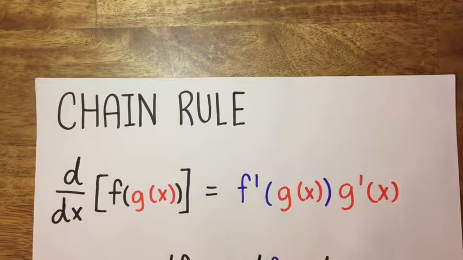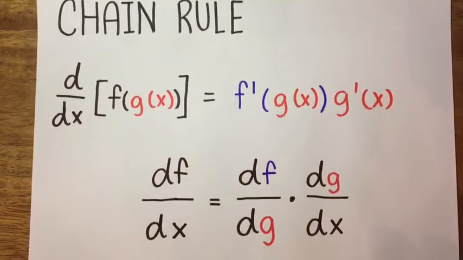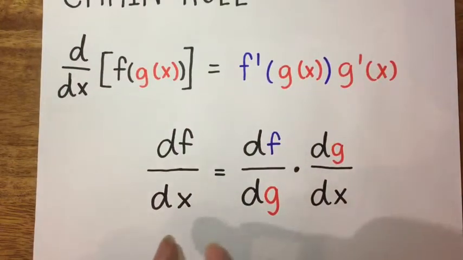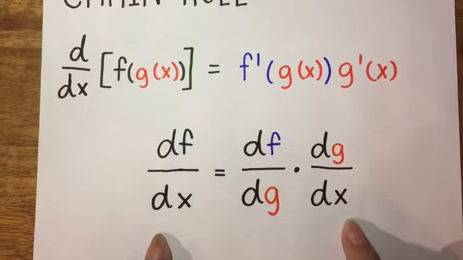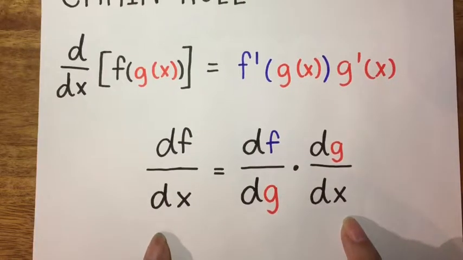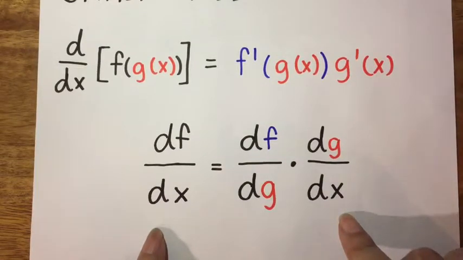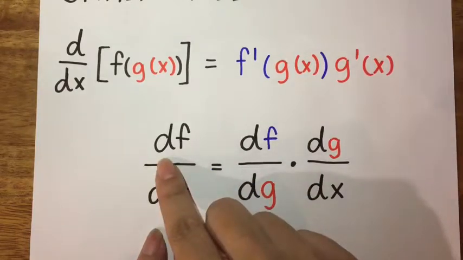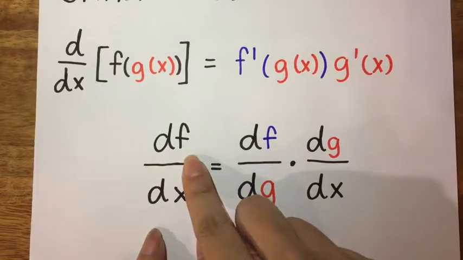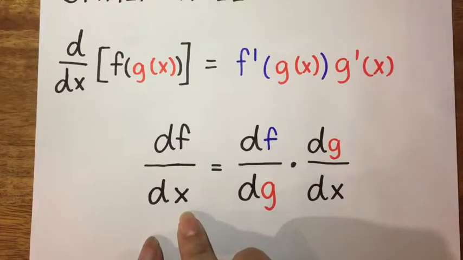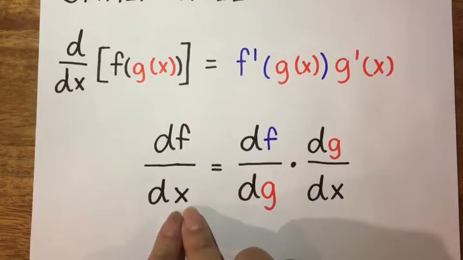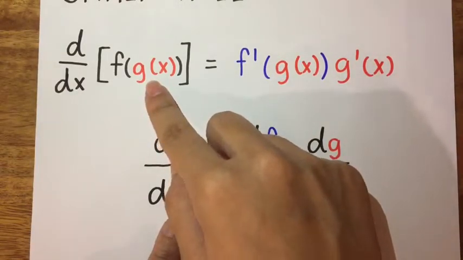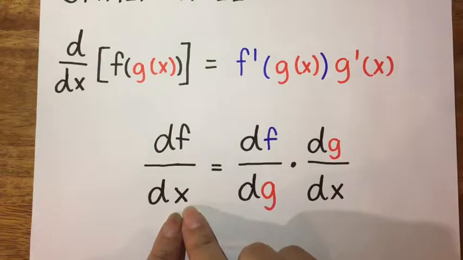So as I said, there are three ways. The second way to write chain rule is by this equation or this representation. This means the derivative of f with respect to x. But the x is inside g of x, right? So we have to do it in two steps.